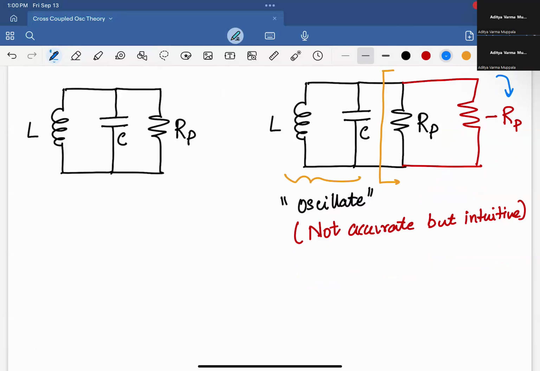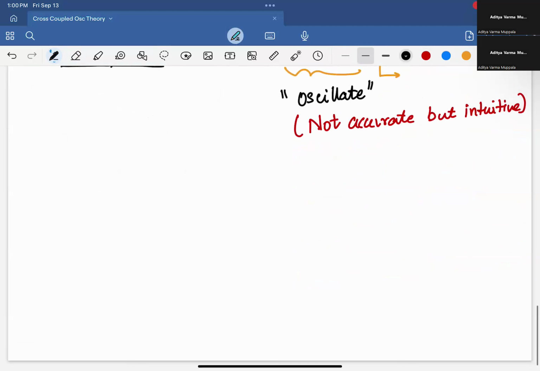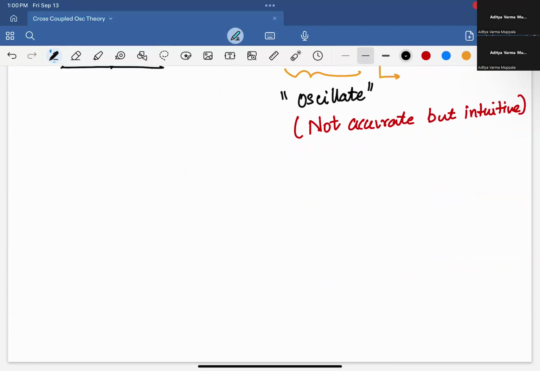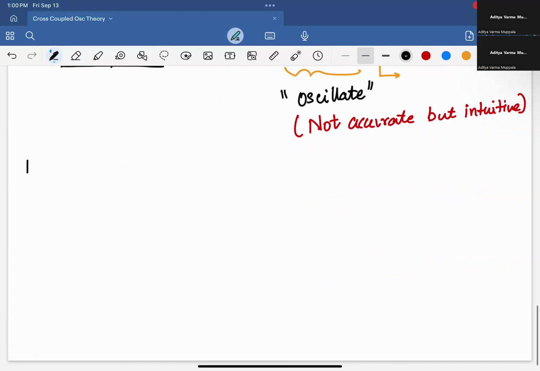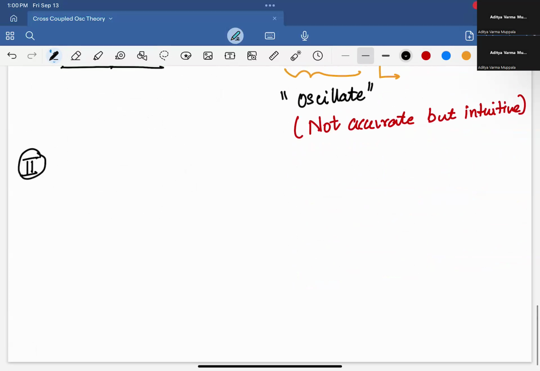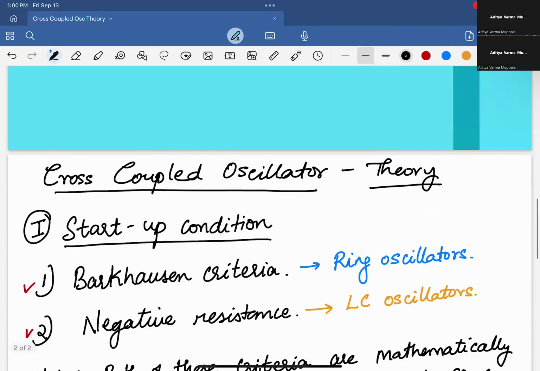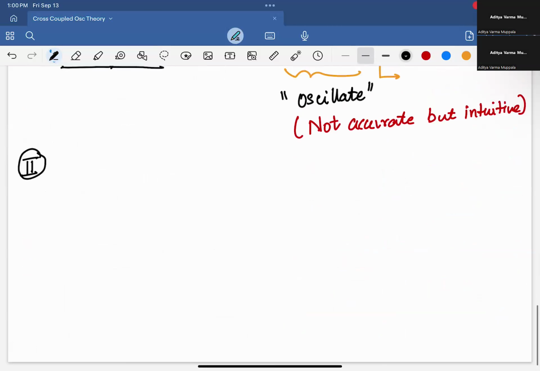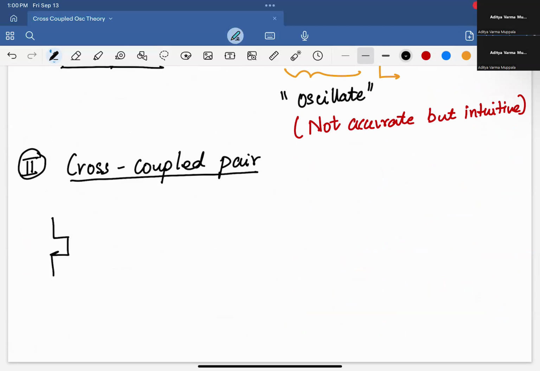Okay, so let's look at that. I labeled that as 1, so this should be 2. Cross-coupled pair. Okay, so let's say I have 2 transistors that are connected this way.